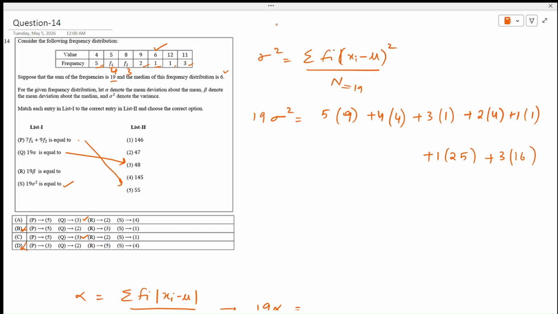I guess that's it. So this is 45 plus 16 plus 3 plus 8 plus 1 plus 25 and 40. So 11, 14, 22, 23, and then 13. So we'll get 36 here.